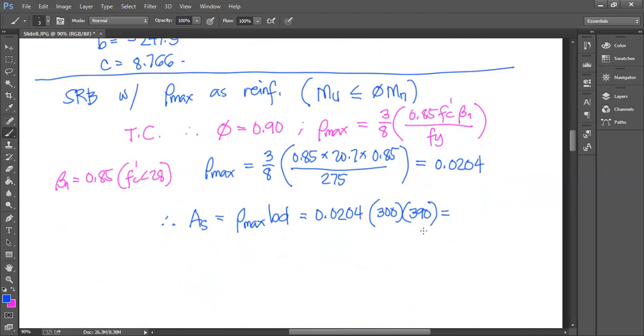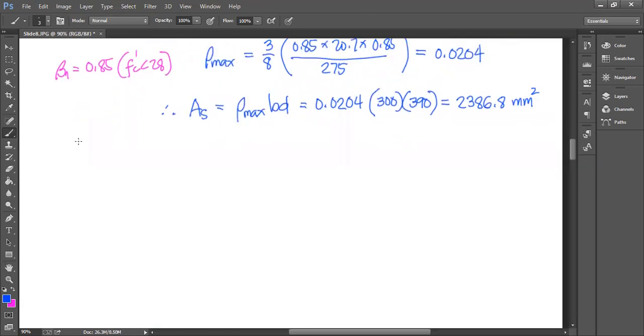AS na gagamitin natin for trial is equal to 0.0204 times 300 times 390. Meron tayong 2386.8 square millimeters.